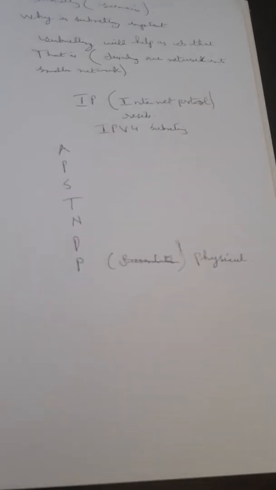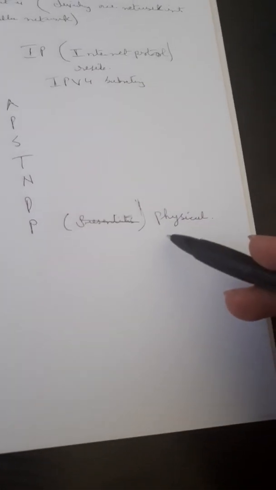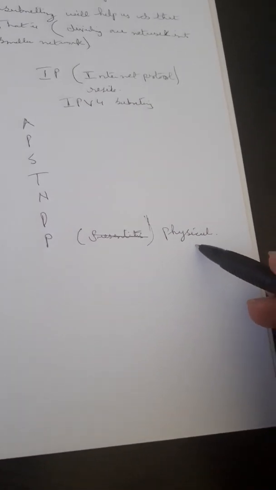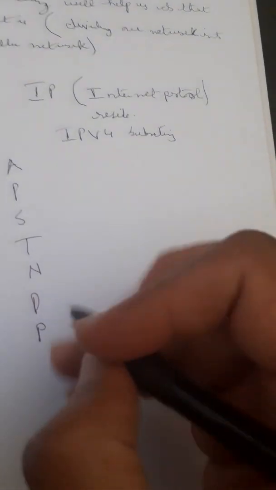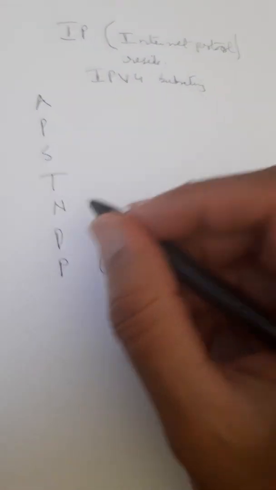Anything to do with troubleshooting of physical cabling is a part of the new CCNA exam. So physical is going to come here, and then we have data link. As everyone knows, what's next? That is the network layer.